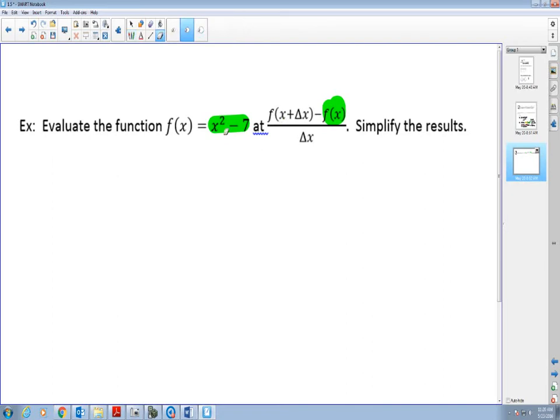So the front, substitute f of x plus delta of x. Okay, so let's figure out that part real quick. Substitute x plus delta of x into my function.